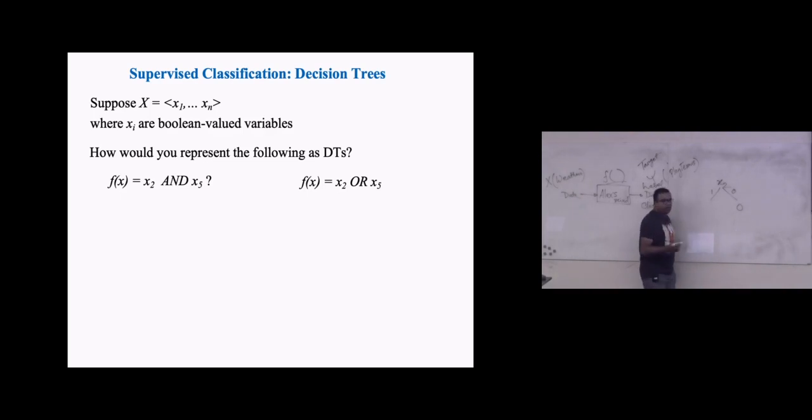If X2 is 1, what should I do? Check X5. What are the possible values of X5? 1, 0. If this is 1, what is the output? 1. If 0, then 0. This is the decision tree for an AND problem.